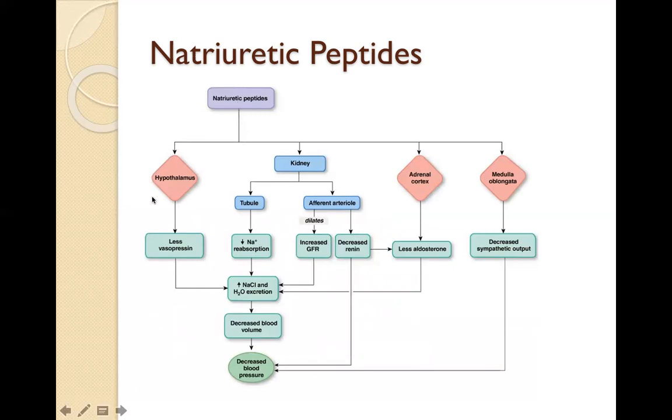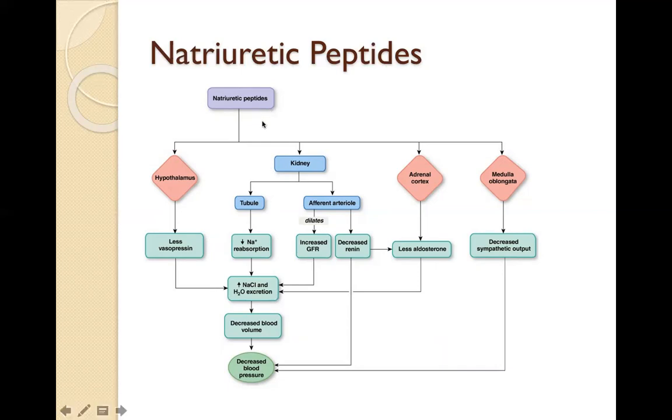And in the hypothalamus, they will cause decreased release of vasopressin. With decreased release of vasopressin, there is decreased water reabsorption at the collecting duct. And so therefore you're going to increase water excretion and decrease overall blood volume. And that'll help decrease blood pressure.